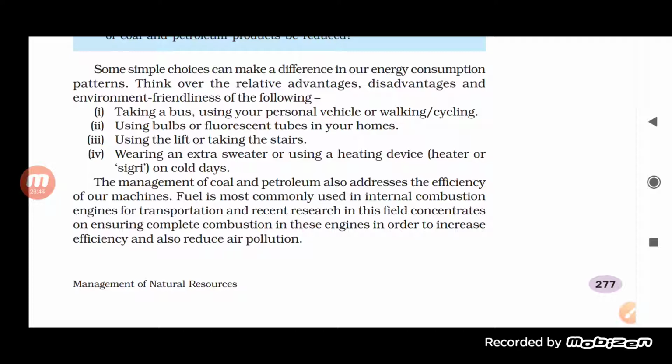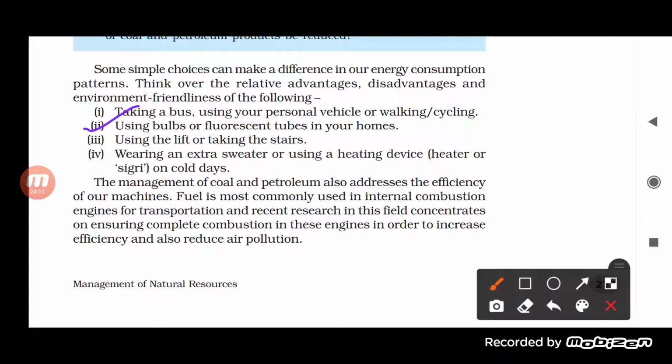If you are going a long distance, instead of using your personal car or personal vehicles, we can use the bus, the public transport. That will also help in preventing the reduction of natural resources. Then using bulbs or fluorescent tubes in your home.